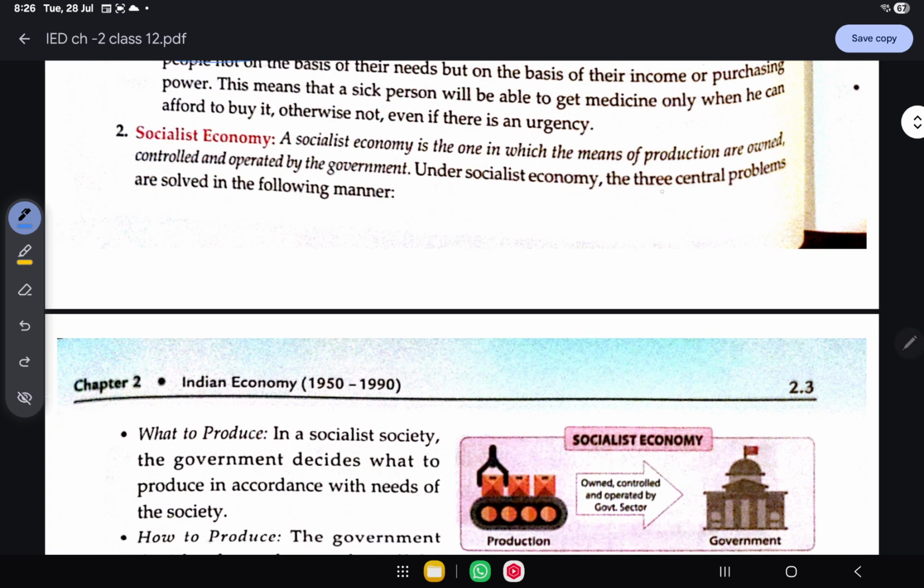For example, if life-saving medicine costs 10,000 rupees, of course only the rich can buy it immediately, and a poor person may not be able to afford it. So the goods will go to those who can pay, and not necessarily to those who need them most.